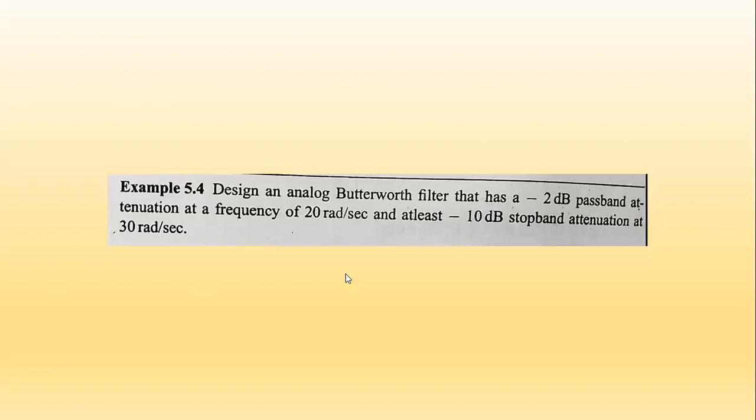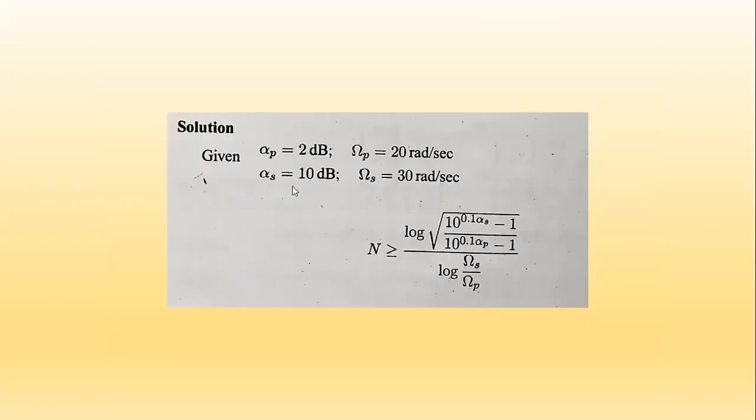radian per second. So from the given problem statement, you can extract the information of alpha S, alpha P, omega S and omega P. So what is alpha S? Alpha P is your passband attenuation of 2 dB, this is the passband frequency, then the stop band attenuation and the stop band frequency. By using this formula, n is equal to log of 10 raised to 0.1 alpha s minus 1, we can substitute the values.